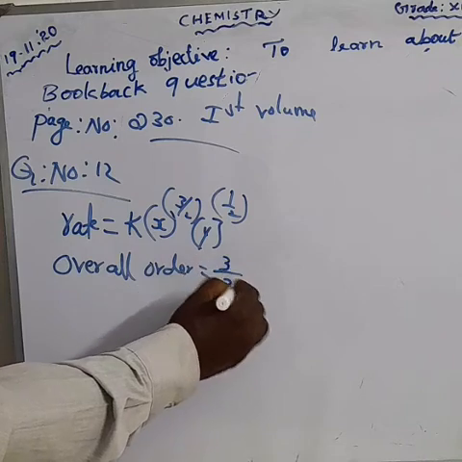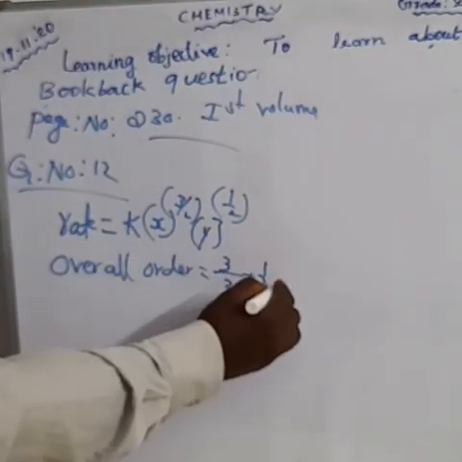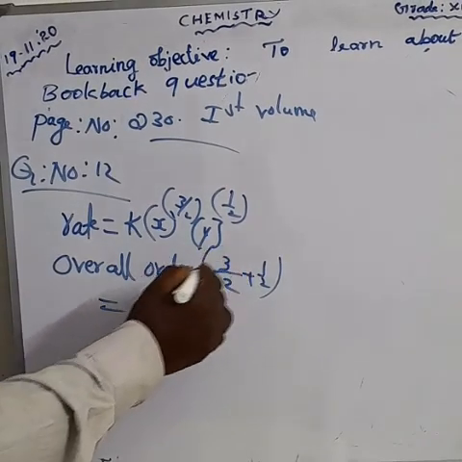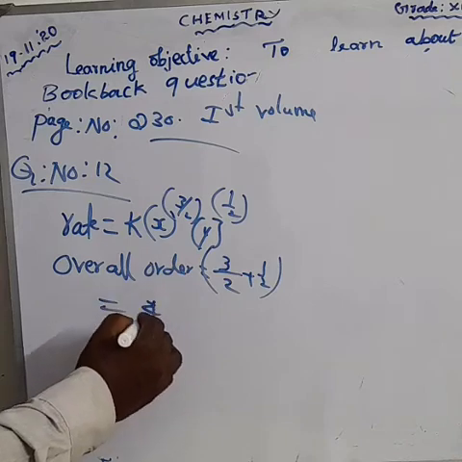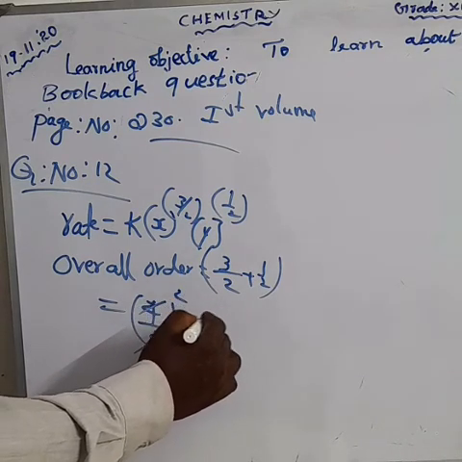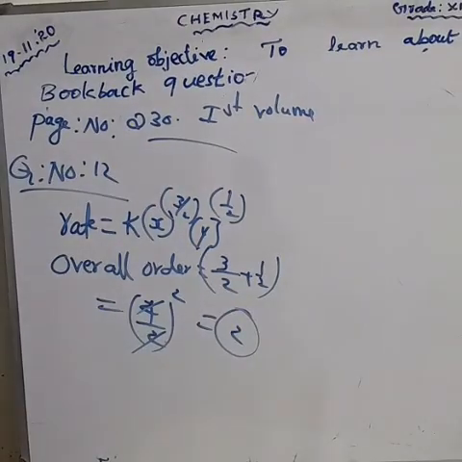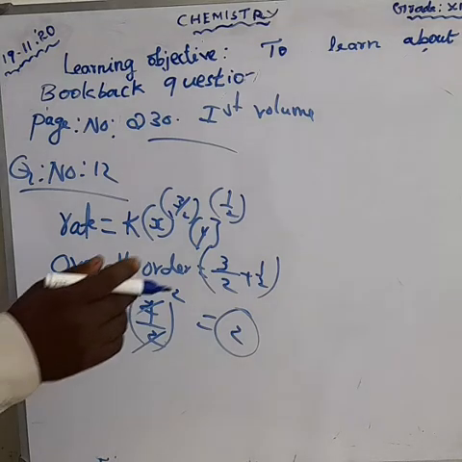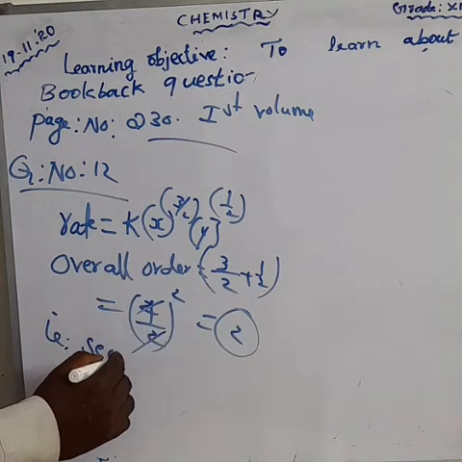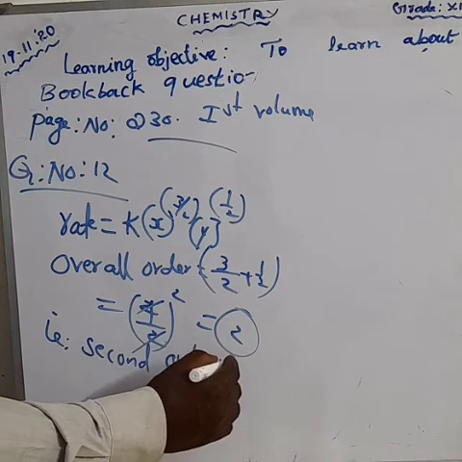So overall order is 3 by 2 plus Y value 1 by 2. So we can write it as 3 plus 1, 4 by 2. So what's the value? 2 is the answer. So it is a second order reaction.